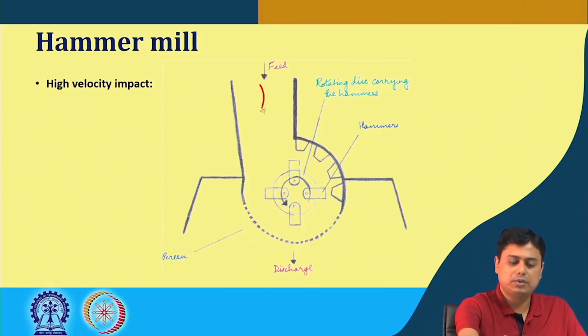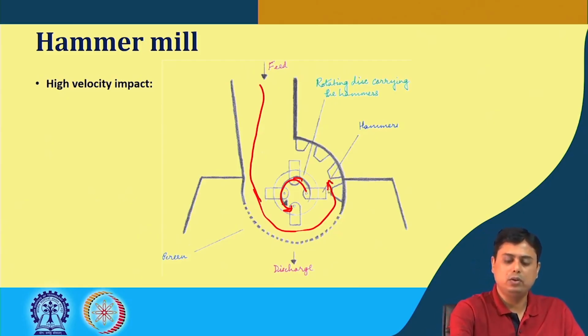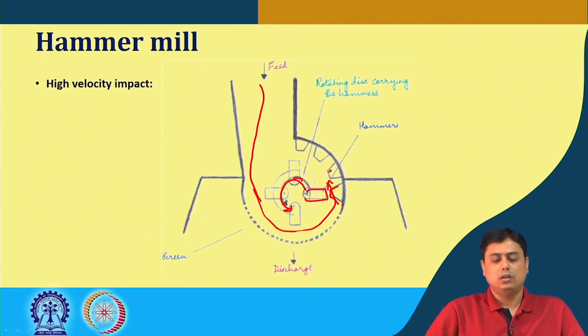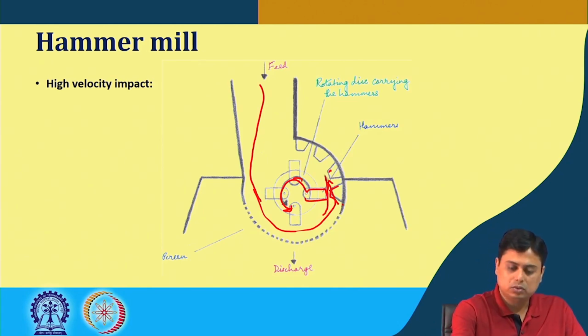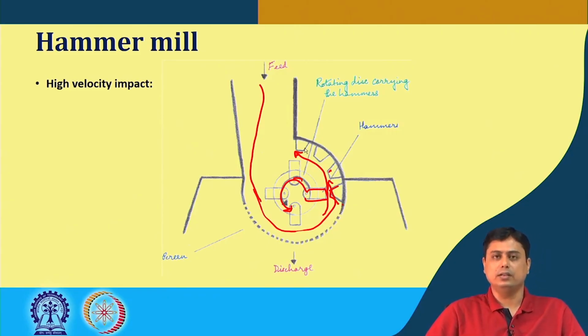So, feed comes in, this disc is rotating in this direction. The particles are carried in this portion, and when they go through between this surface where the hammers are attached and the rotating disc where also the hammers are attached, they pass through this gap and the particles are ground.